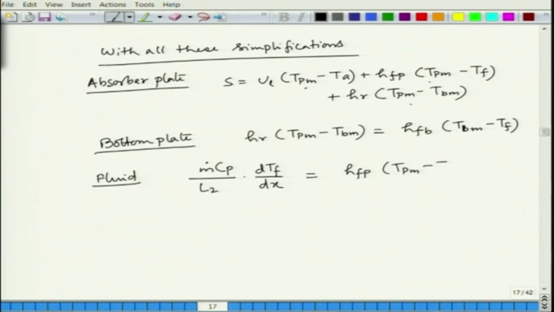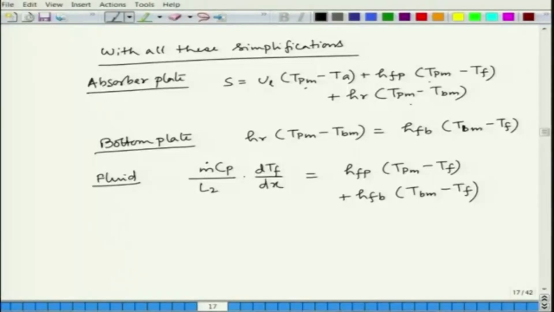One is from the top plate to the fluid and the other term is from the bottom plate to the fluid, is not it? So, you go back and look at the original equations that we have written, and after you apply the simplification, check whether you get these three simplified equations. I insist that you go back and do it for yourself, that will clarify the concepts.